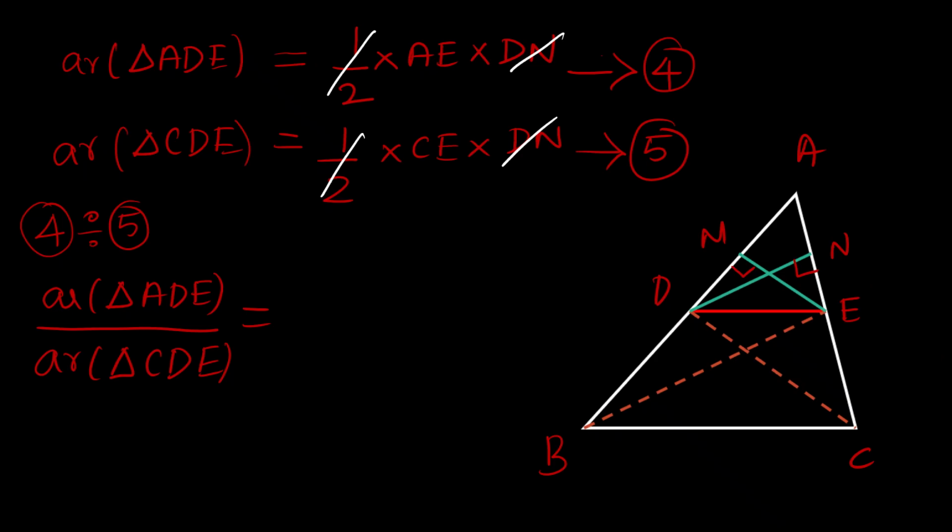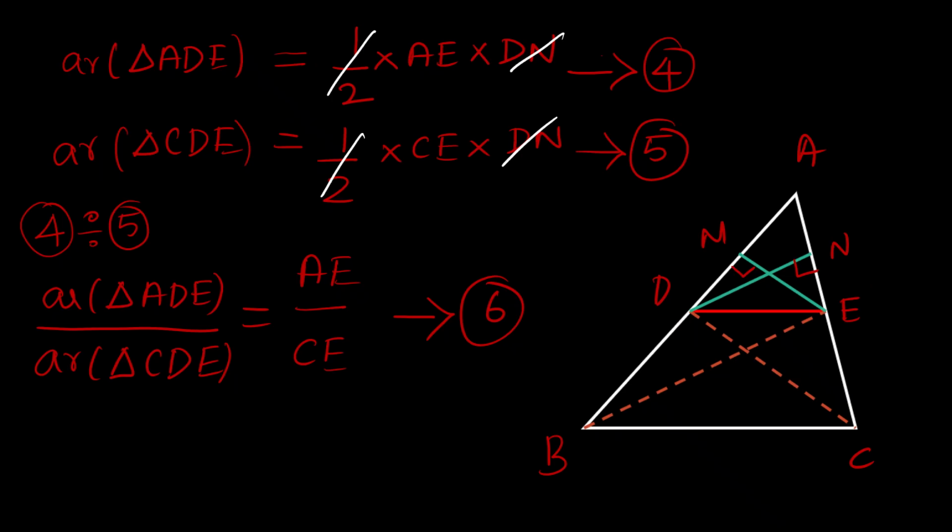I will get AE by CE. Let me mark this as equation number 6. So we got the RHS of what we need to prove.